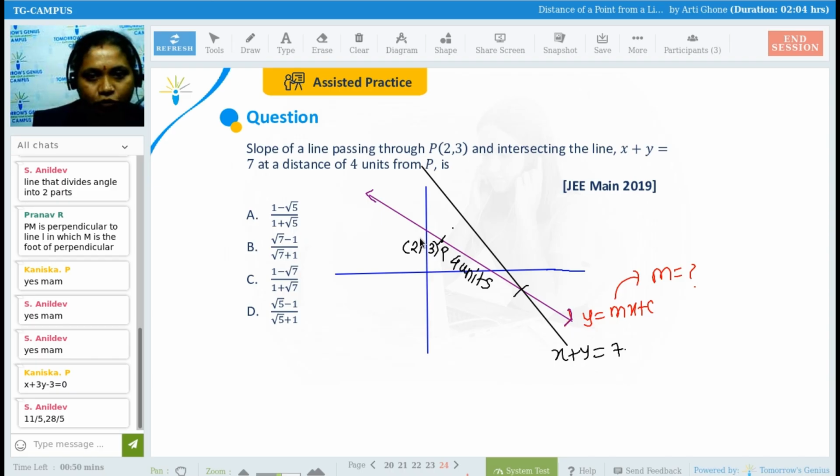Who will tell me the methodology, what can be done? Now see, this is from the JEE Mains 2019 paper. What will you do for this?